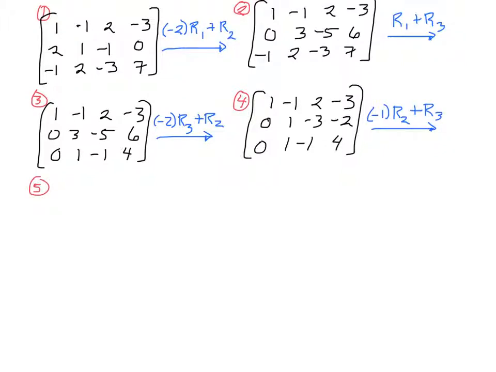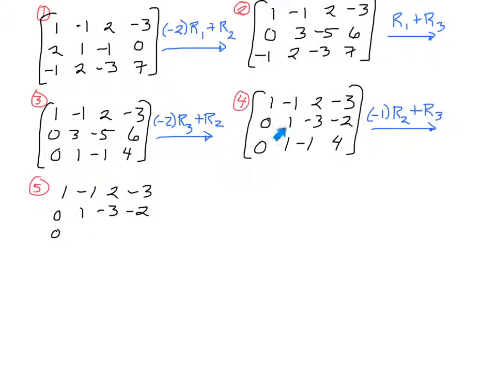So the first row doesn't change: 1, negative 1, 2, and negative 3. The second row is not going to change: 0, 1, negative 3, and negative 2. But the third row, we are going to take negative 1 times 0 is 0, plus 0 is 0. So that's good. We didn't lose our 0.